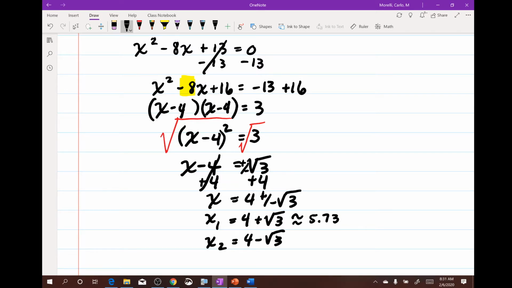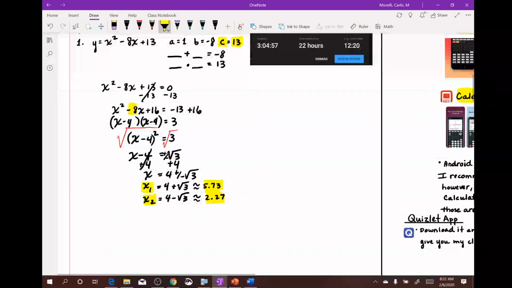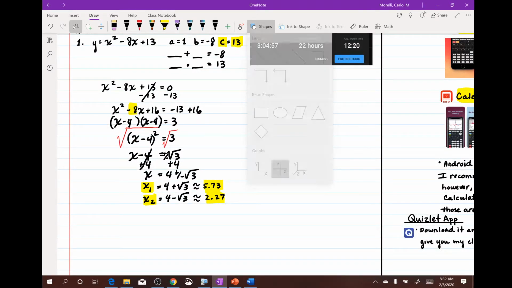And that's approximately equal to 2.26, or 2.27 if I round. These would be your 2 solutions. These are your 2 x-intercepts. So we're going to create a little sketch here, just so we have some clue of what this thing looks like.